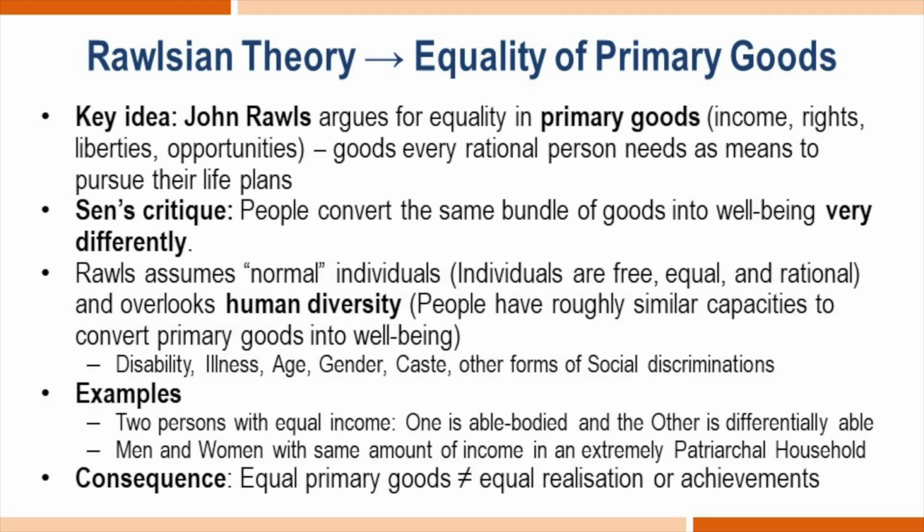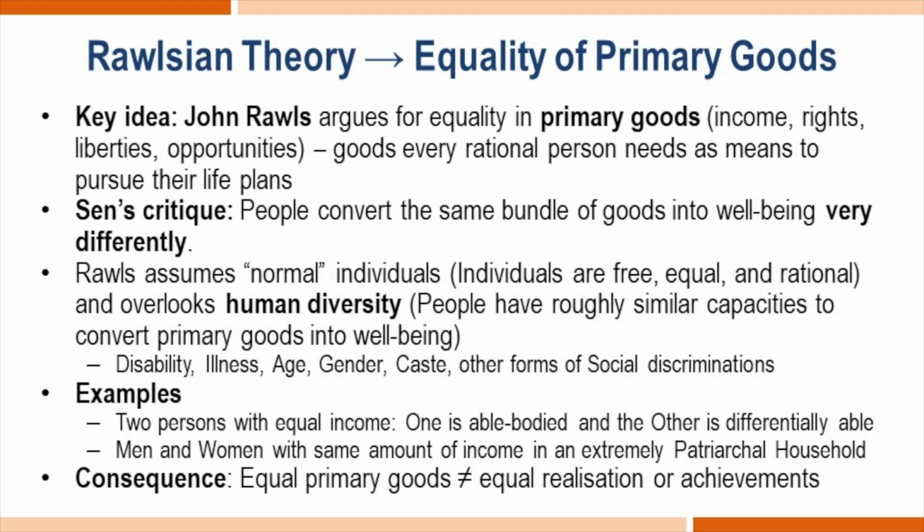For instance, take two persons with equal income, one able-bodied and the other differentially able. Even if we provide the same amount of income, based on their different physical abilities they can end up with different sets of well-being.